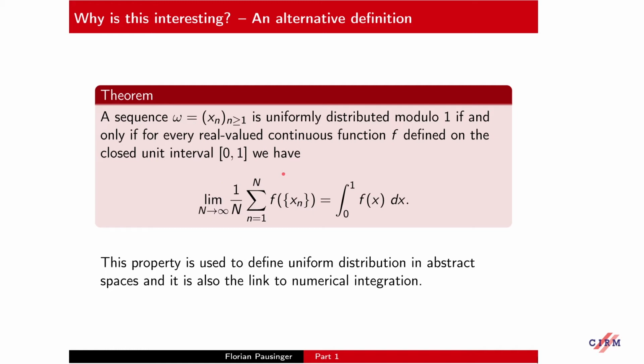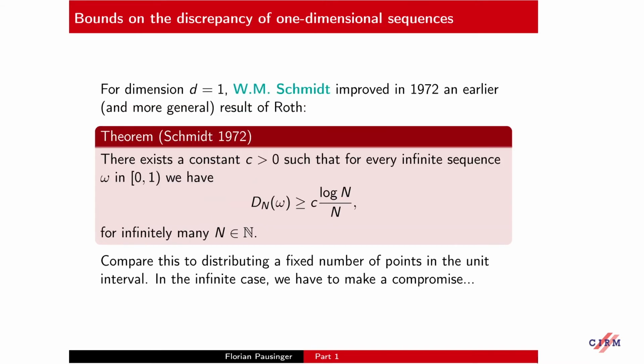So this is the mean value of the evaluation of the function at the first n points of your sequence. And if this sum converges as n goes to infinity, you should get the value of the integral. And this property is used to define uniform distribution in abstract spaces. So this property of being able to approximate the integral of a continuous function can be studied also in more abstract spaces.